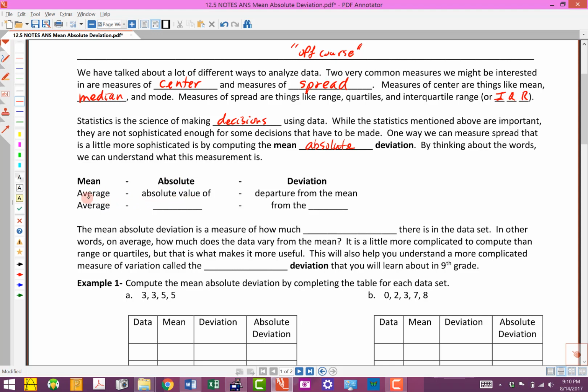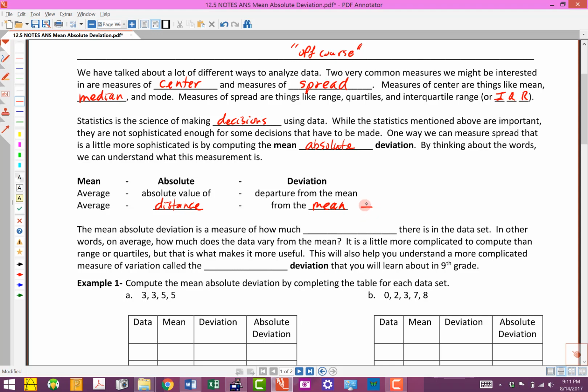So we're talking about the average absolute value of the deviation. And the deviation is the departure from what we normally get, or what we typically get, or the departure from the mean, the arithmetic average. So it's the average, and right here we're going to say distance, because absolute value refers to distance. It's the average distance from the mean.